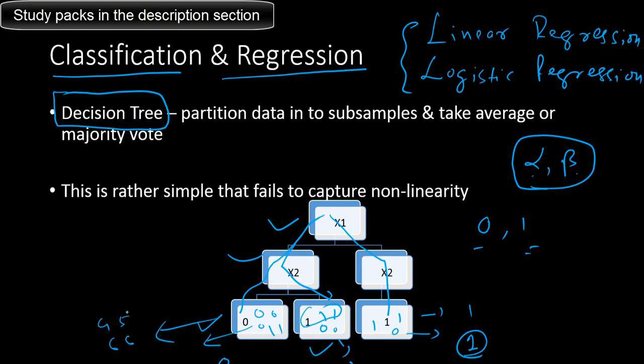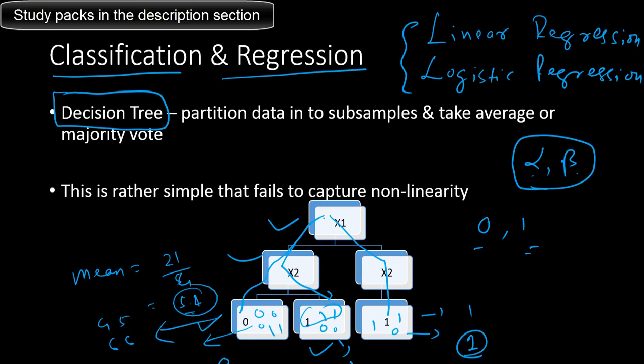So the outcome is just the mean of the values, which is 5 point something. So the idea is you can just partition your data and predict the value, whether it is a classification problem or a regression problem.